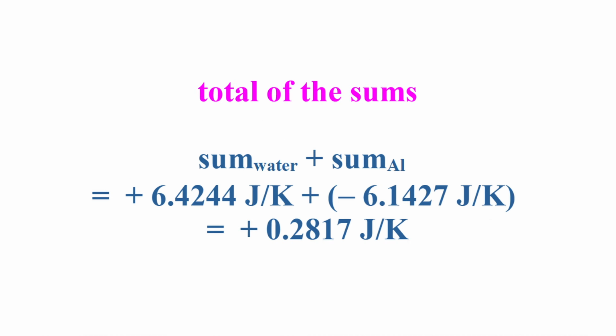Clausius added the two Riemann sums and always obtained a positive value for every trial in every relevant experiment. This value for trial 3 of the experiment discussed here is positive 0.2817 joule per Kelvin.